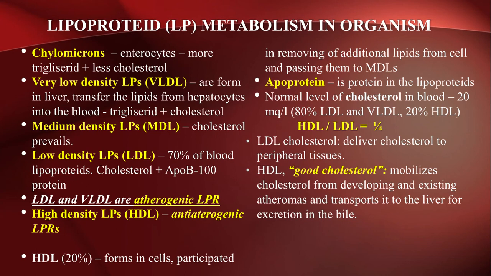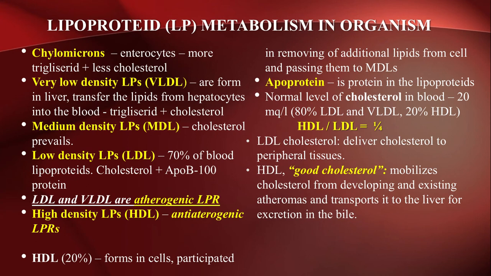Low and very low density lipoproteins are atherogenic lipoproteins, what we call the bad cholesterol, but high density lipoproteins are anti-atherogenic, or the good cholesterol. High density lipoproteins form in cells and participate in removing lipids from cells and passing them to the medium density lipoproteins. Apoprotein is a protein in the lipoproteins.